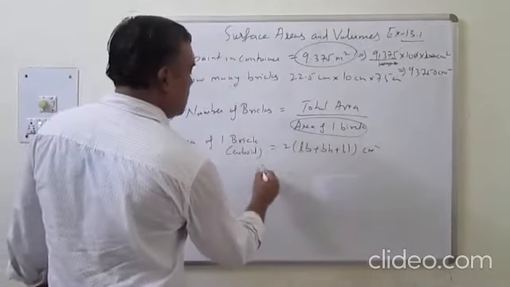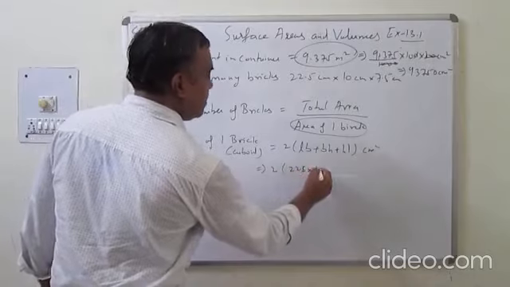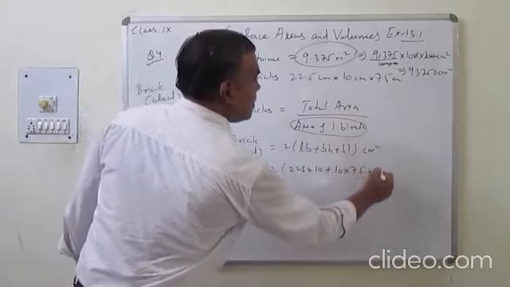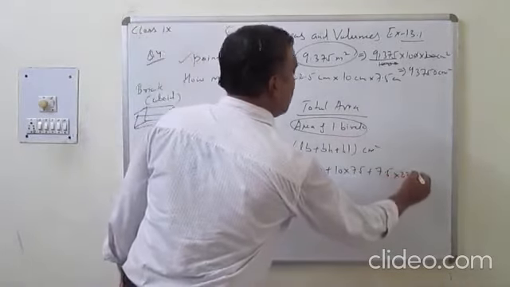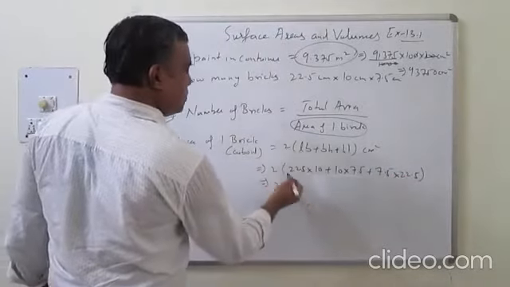So 2 into, 22.5 into 10 plus 10 into 7.5 plus 7.5 into 22.5.